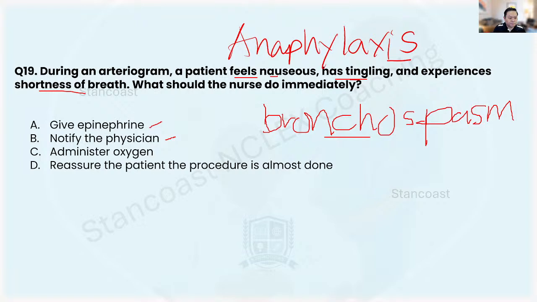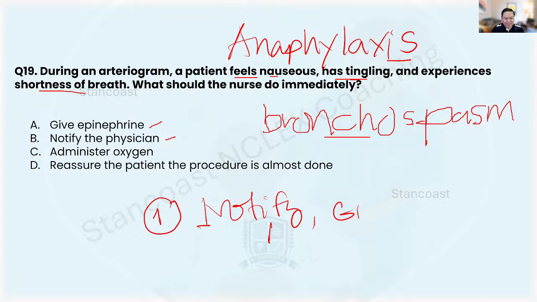If I'm going to prioritize this, I would answer, yes, that is a correct answer. But if I have to prioritize this, I'll start with one. I'm sorry. I'll start with notifying the doctor. And then also we'll have to either give epinephrine and O2.